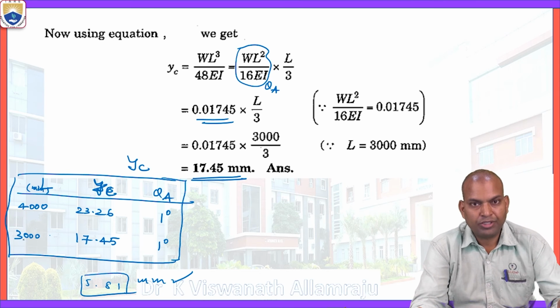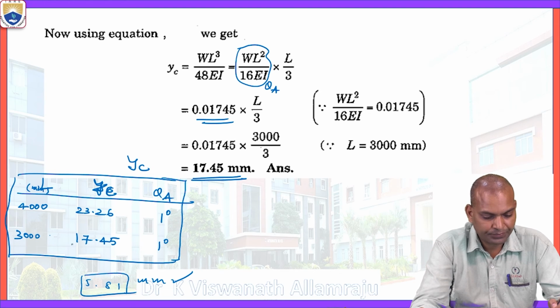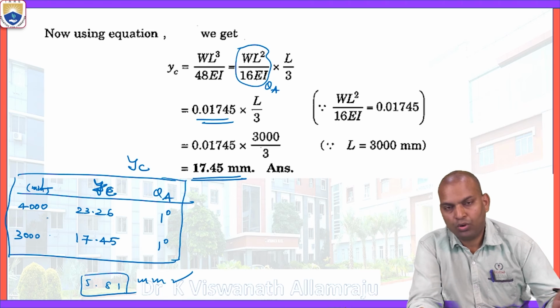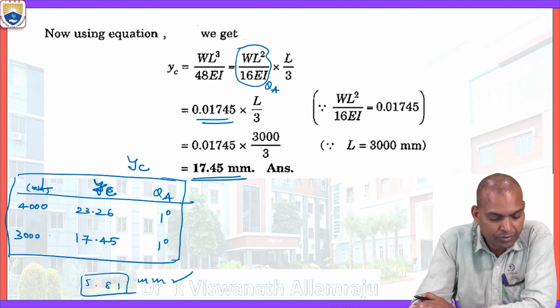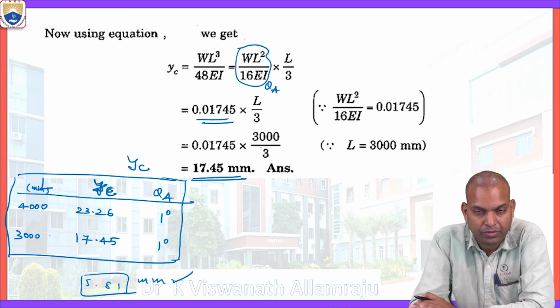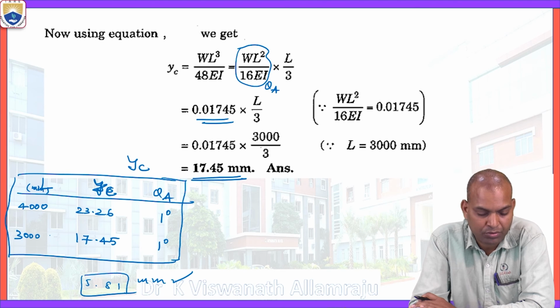If the span is reduced to 3000 millimeters, the deflection becomes 17.45 millimeters, but the slope at the supports remains the same, 1 degree. From these values we can understand the relationship between deflection and length of the beam: if the length of the beam is more, the deflection increases.